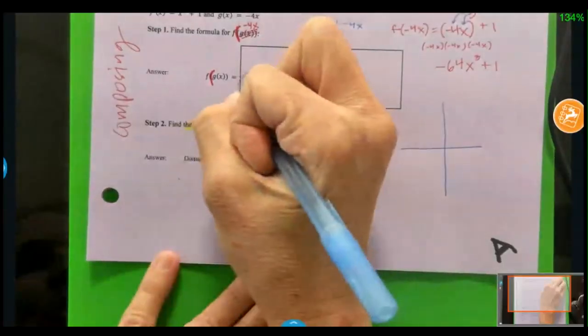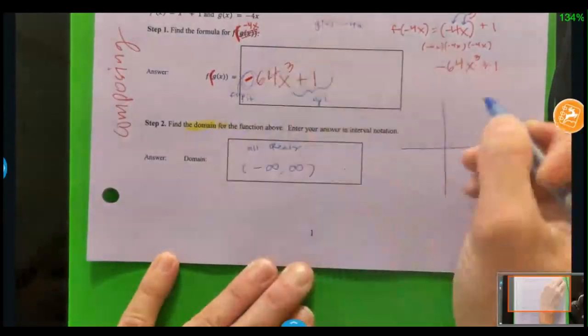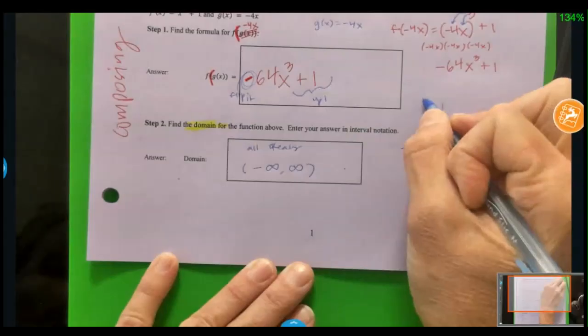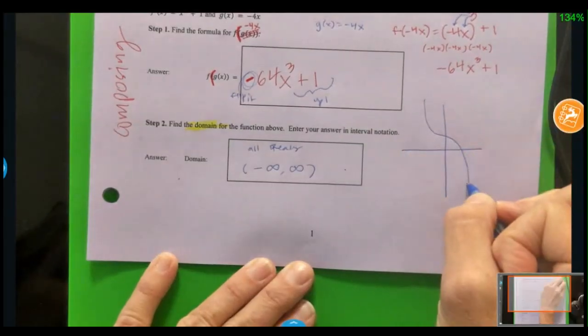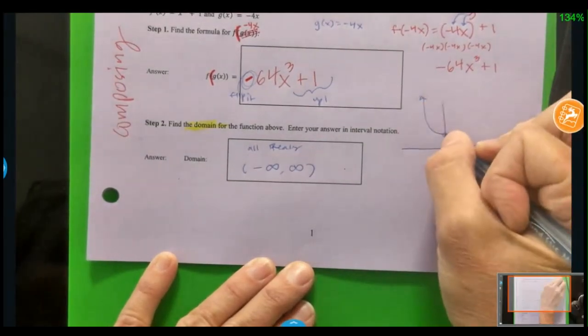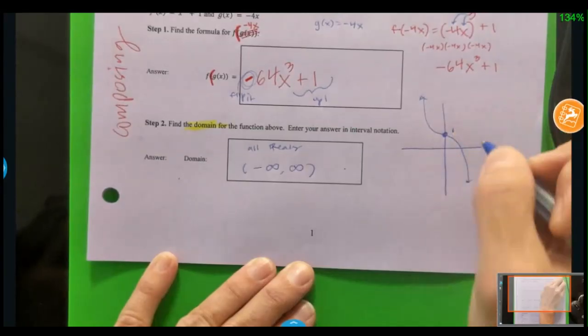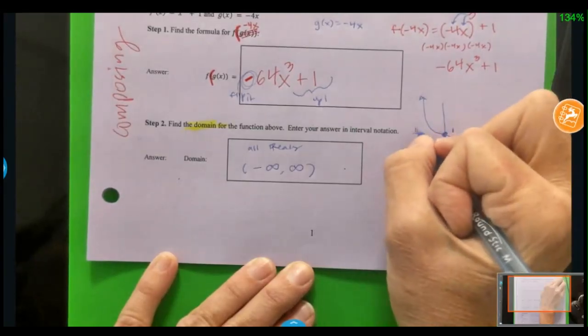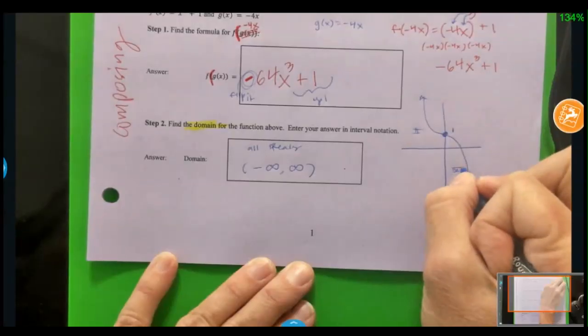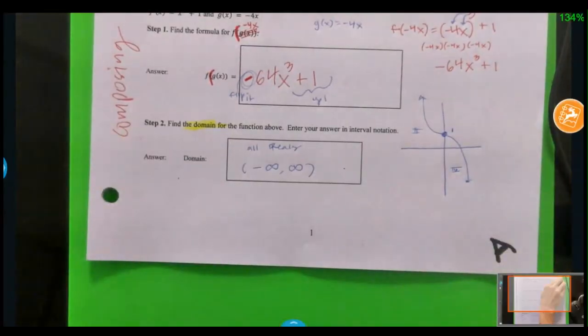Flip it. Very good. So this is going to be a vertical snake moved up 1 and flipped. So it's going to look like this. This is what the graph would look like. This is 1. It's going to be flipped to quadrants 2 and 4. Even though it's an x cubed, that negative is going to flip it.